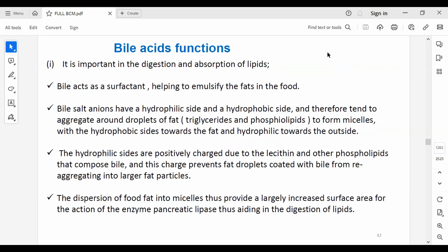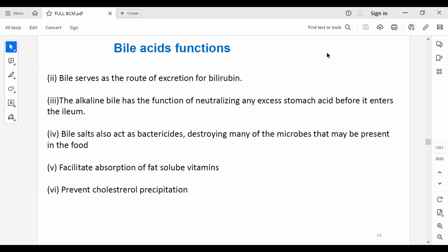Some of the functions of bile acid: it is important in the digestion and absorption of lipids. Bile also acts as a surfactant, helping emulsify fats. We have some bile salts. Bile also serves as a route of excretion of bilirubin.